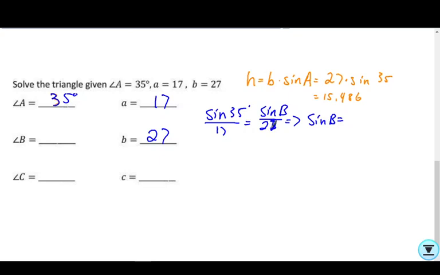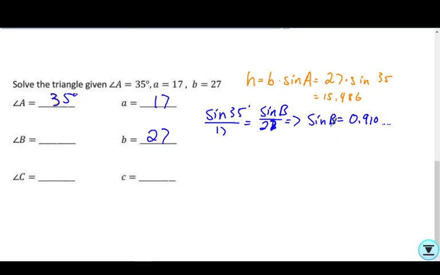So it's going to be 27 times the sine of 35 divided by 17, which gives us 0.910, blah blah blah. But that's the sine of B.